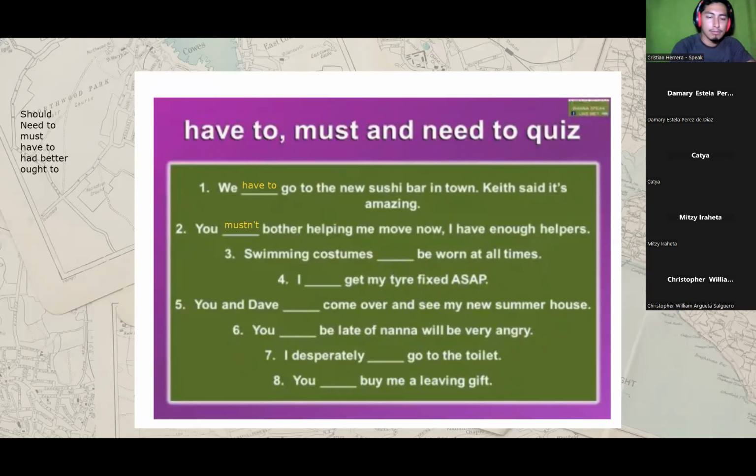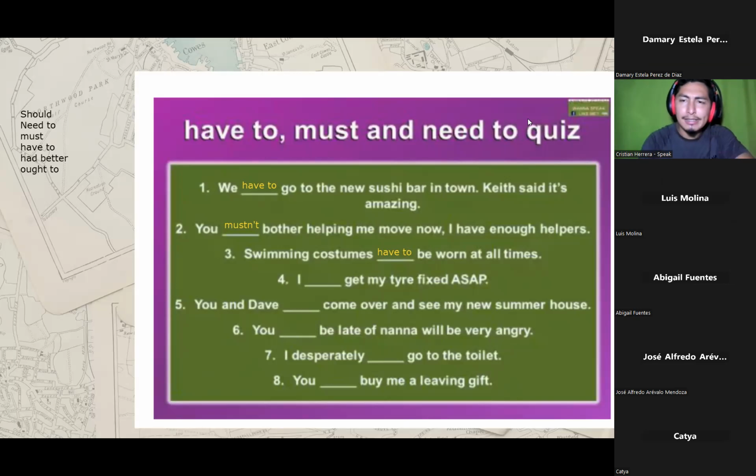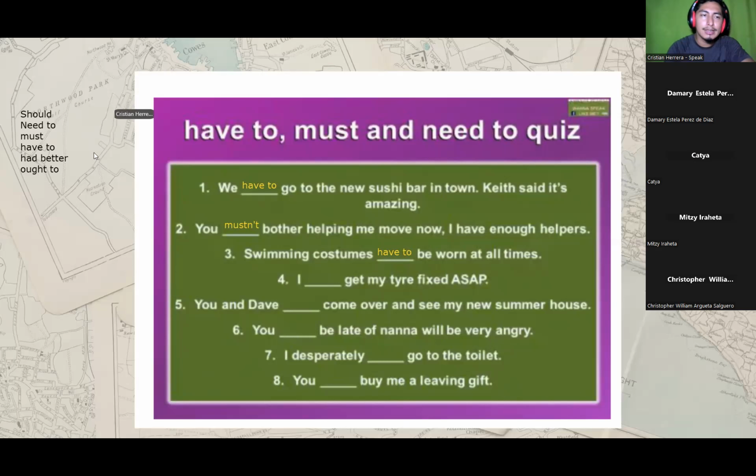Complete sentence? Okay, swimming costumes have to be worn at all times. Very good. Now we will continue with example four. I guess number four is easier. Okay, maybe Luis Molina can help me with number four. What do you think, Luis?